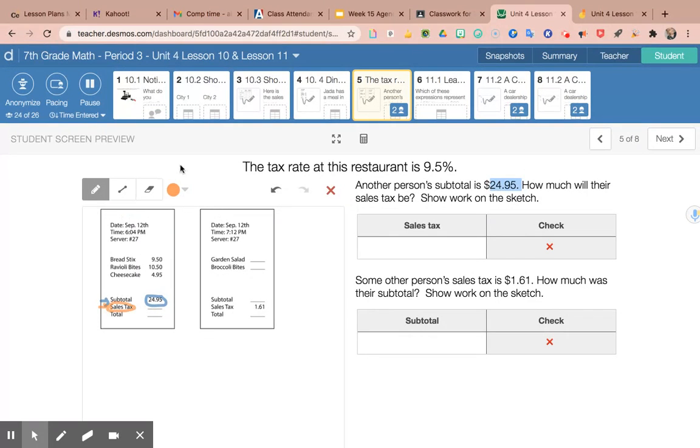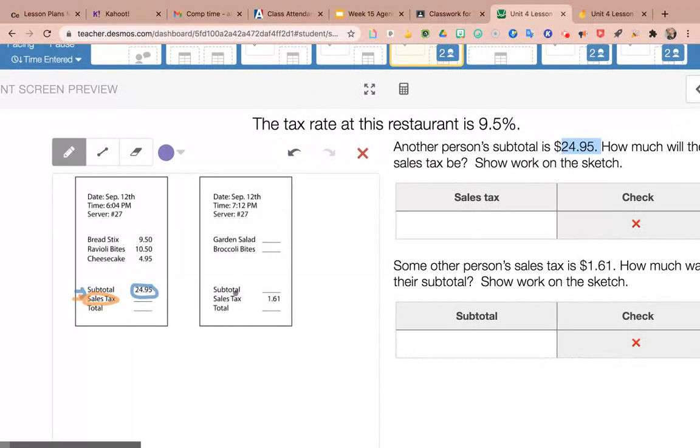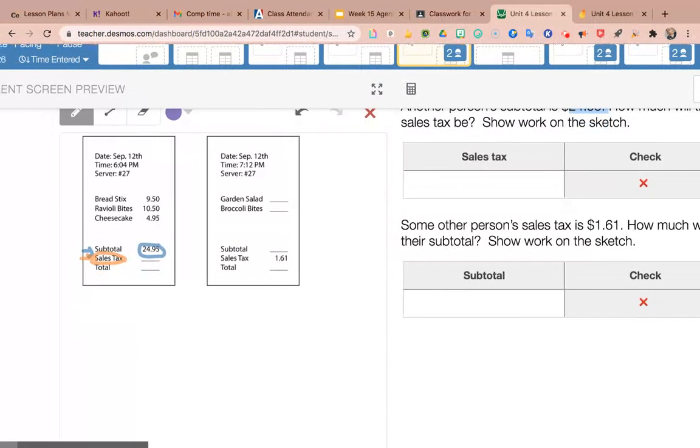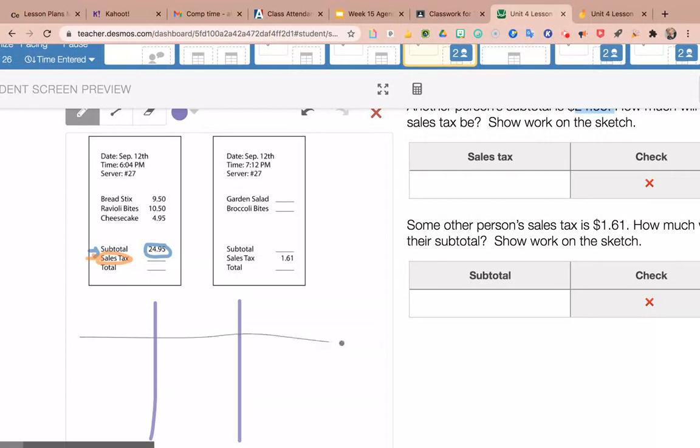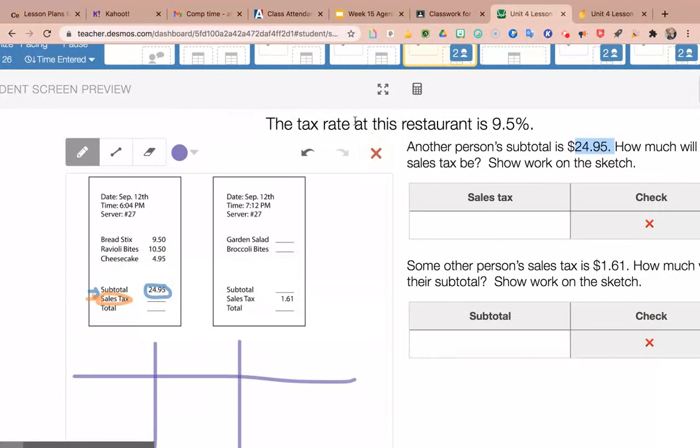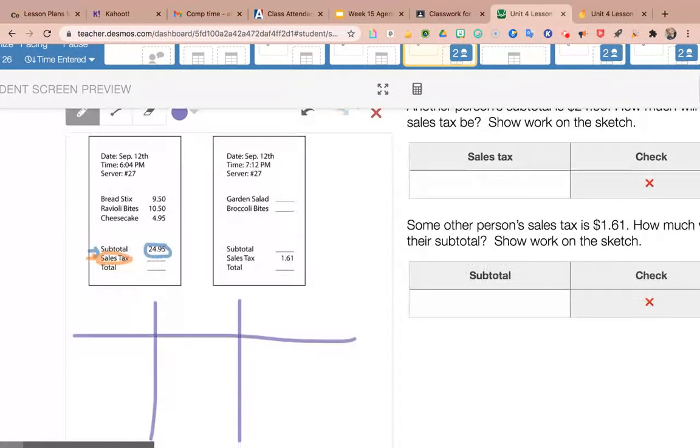So I'm going to set up a table because a tax rate is a constant rate. Right? Every time we go to the store, we're constantly being charged tax, and it's always the same. So it's unchanging. So it's a constant rate. It's a tax rate. It's a constant. So it's our K. So I'm going to set this up.